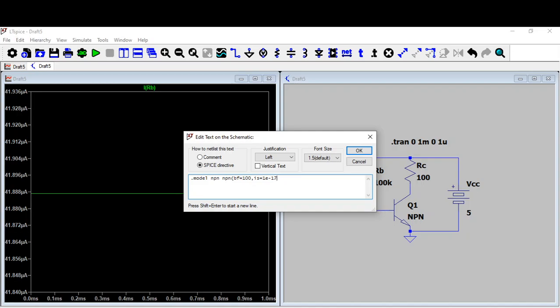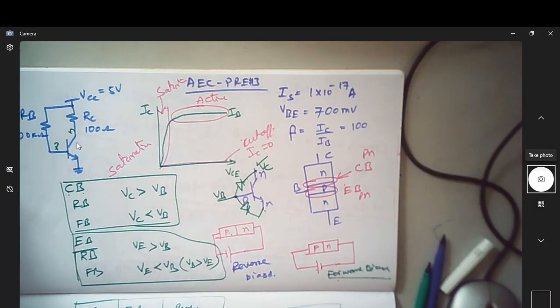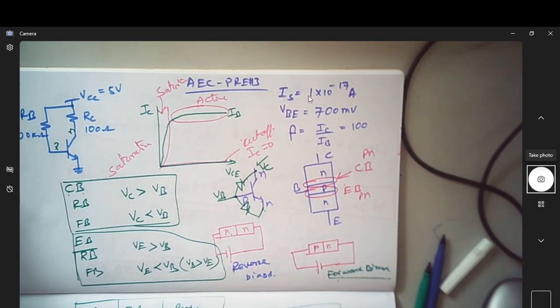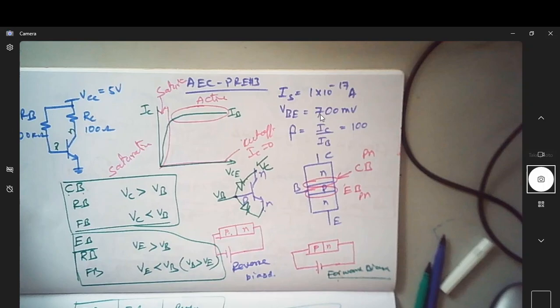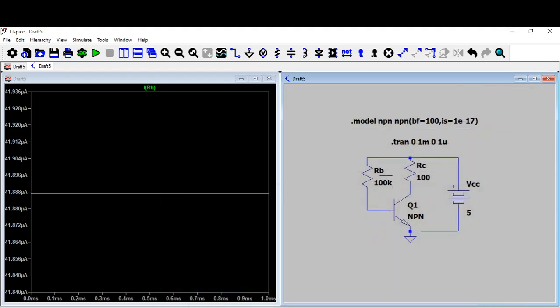So you are actually specifying two values for this transistor, which is beta F, the beta factor, and IS, which is 1 into 10 power minus 17. If I click on this, now this transistor should have an IS of 1 into 10 power minus 17 and beta of 100. So that's what we said here.